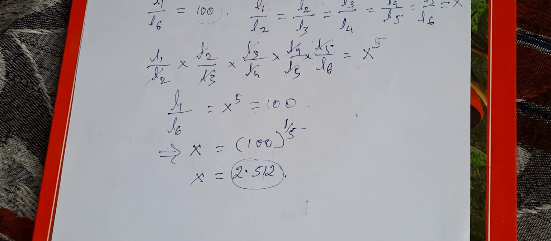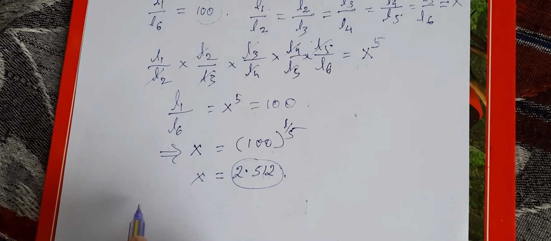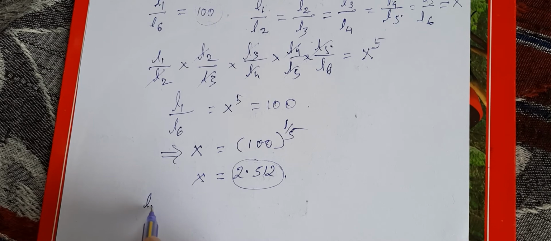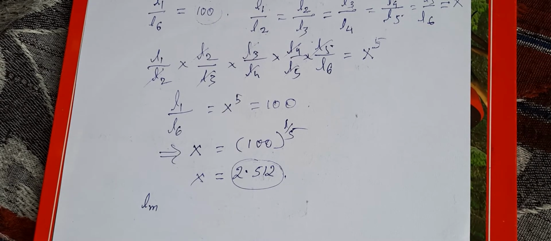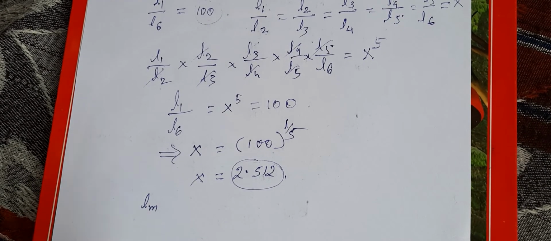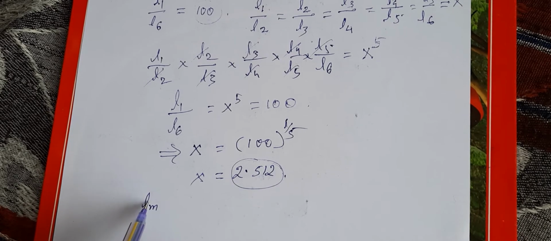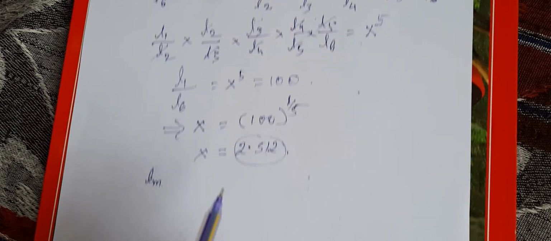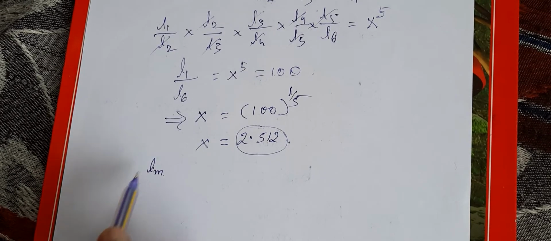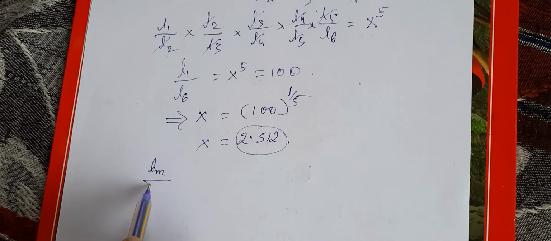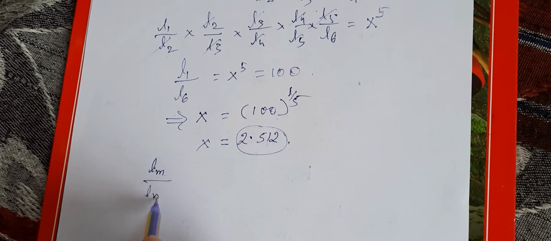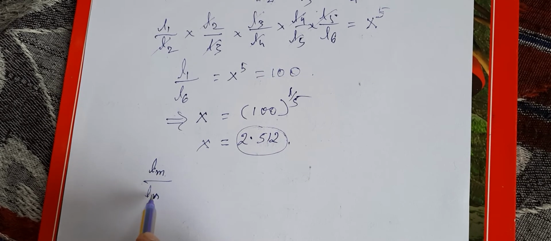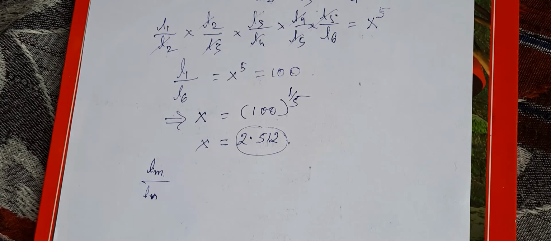Now suppose you take the brightness of the star of order m, where m may be between 1 and 6, and the brightness of any other order star n. Here m and n represent the orders of the stars.